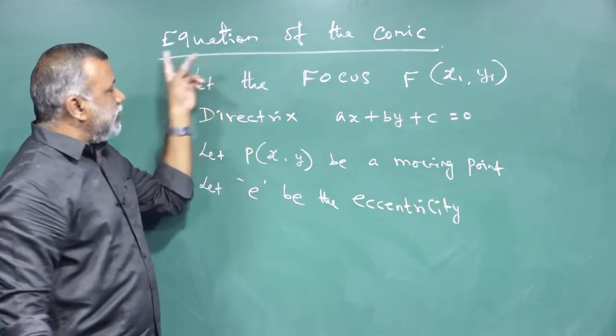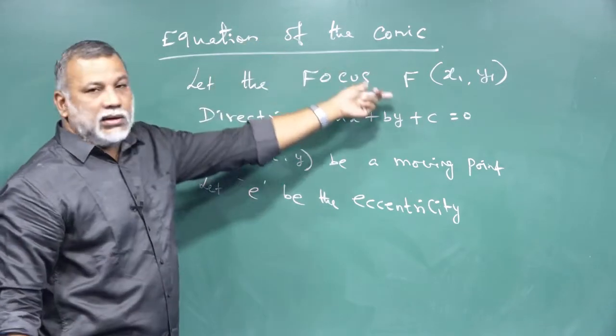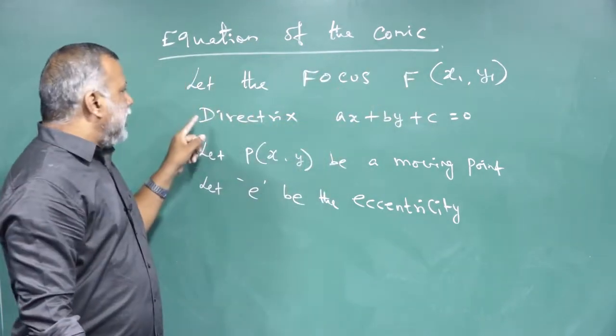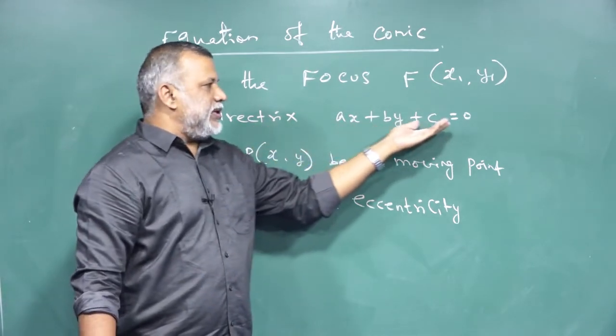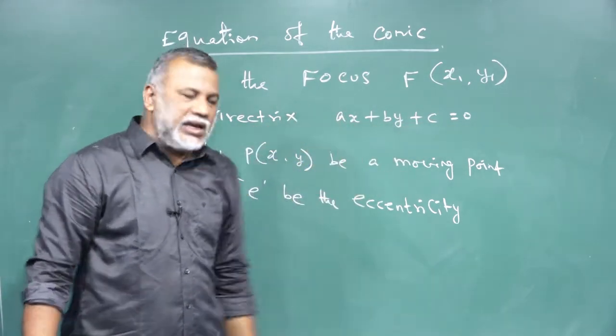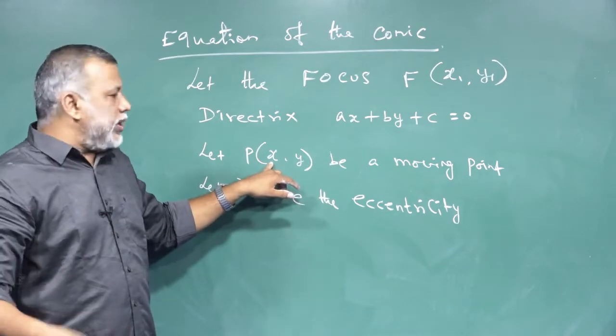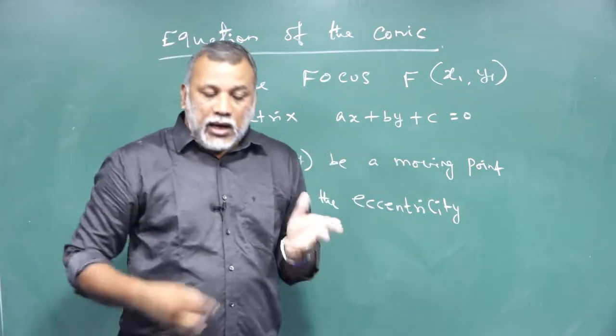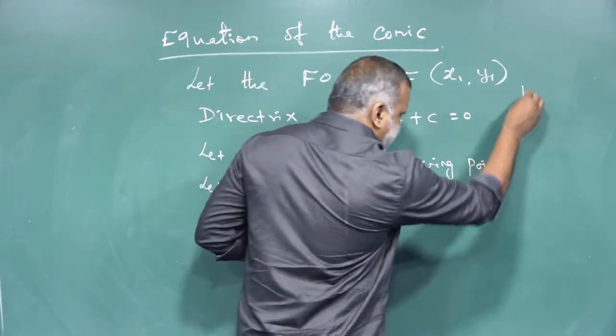So we are going to find the equation of the conic. Let F be the focus (x1, y1). Let the directrix be ax plus by plus c equal to 0. Directrix is nothing but a fixed line. Now let P of (x, y) be a moving point. Let E be the eccentricity. Now take this diagram.